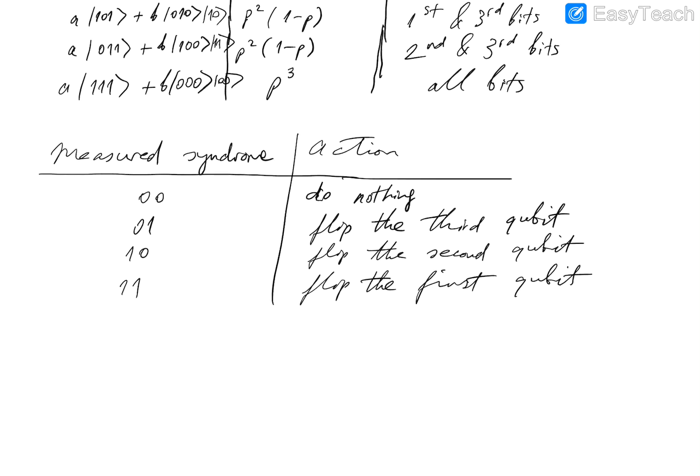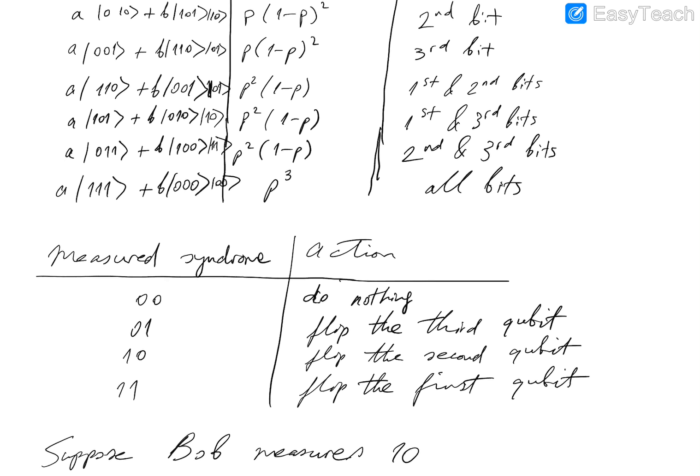So, okay, let's suppose, for example, that Bob measures 1, 0 in the error syndrome. Okay. Now let's examine the table above.